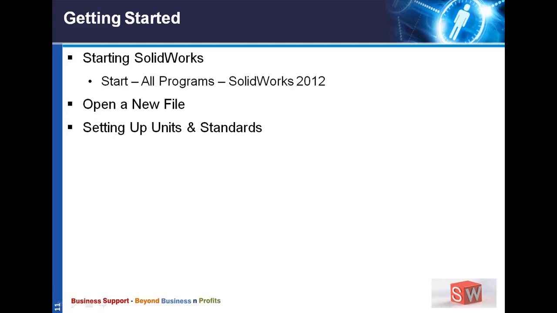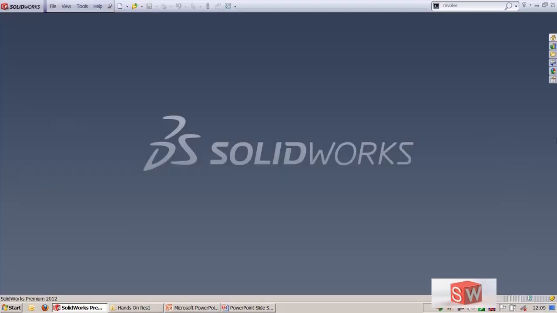And to open a new file, you have to go to File, New, and then select the template available in the dialog box. And third, you need to set up unit and standards for your file. Now let's see how we can do this. Now I had clicked the SolidWorks icon from the desktop. The software is open now.